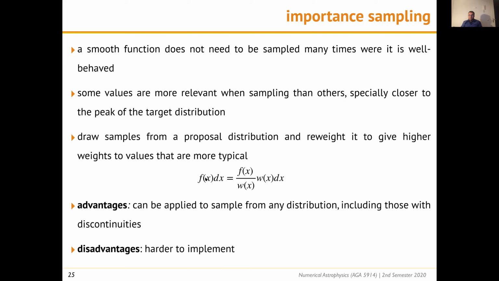So essentially, we just multiplied and divided by the same function, which is trivial. The advantage of this method is that it can be applied to just any kind of distribution that you want, including those with discontinuity. So if you have 1 divided by 1 minus x, and you want to sample it close to 1, this is probably among the easy methods you could use. But this method is not as straightforward as the rejection and inversion sampling methods.